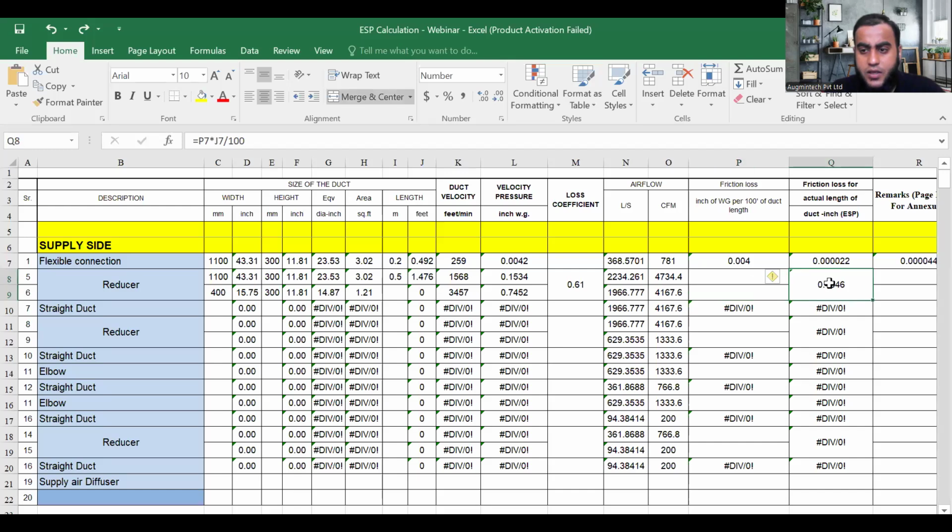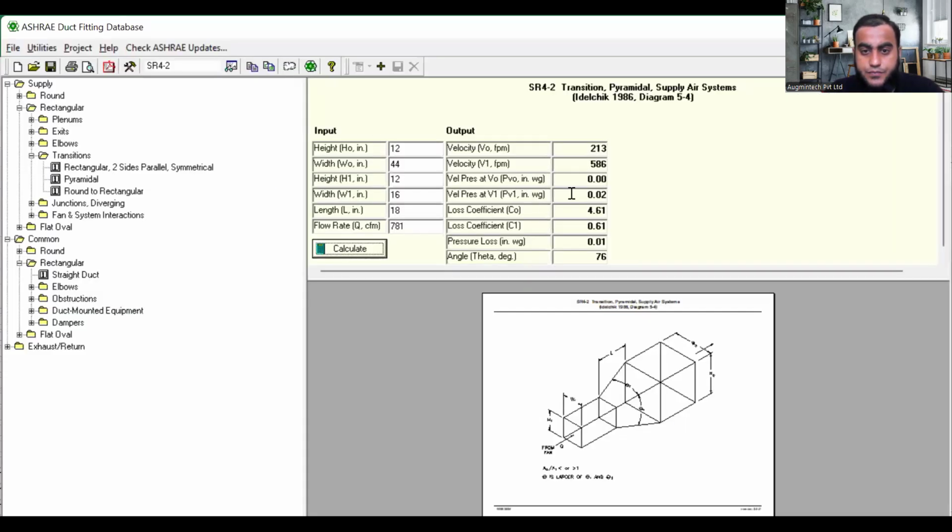Otherwise, see, here the formula is not correct. So you have to apply. So which velocity pressure we have to consider from here? Actually, we are getting two velocity pressures. So this V1 from here, remember, okay? Because we are calculating this, V1 you have to consider. Velocity pressure at V1 0.02. How much we have got?